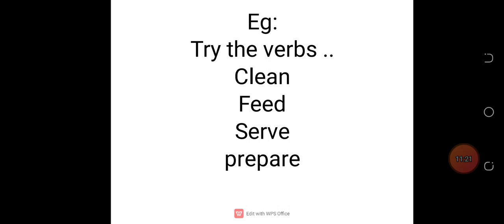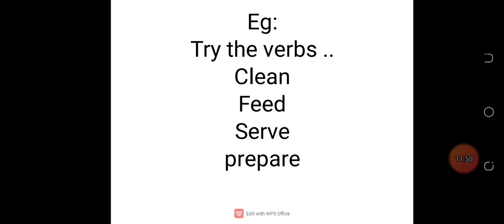In the same way, we can also have this in the past perfect continuous. So, I had been cleaning. I hope you are following. I had been cleaning the classroom when the rest of the students arrived.